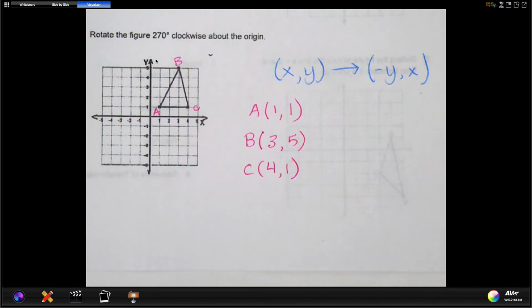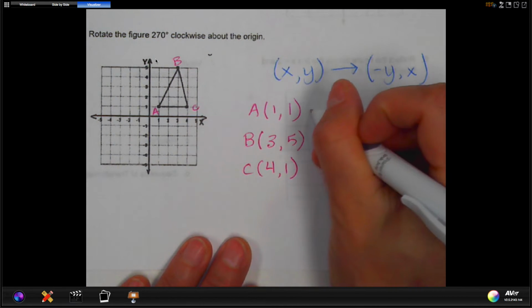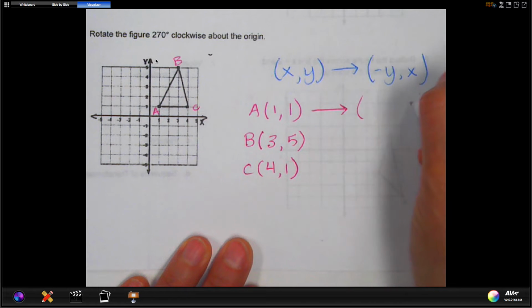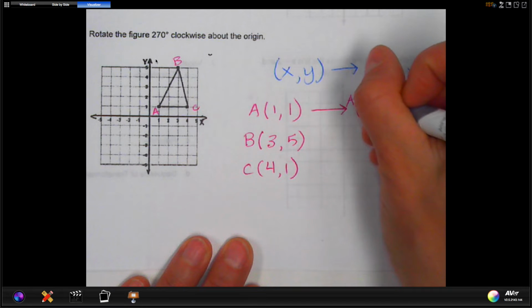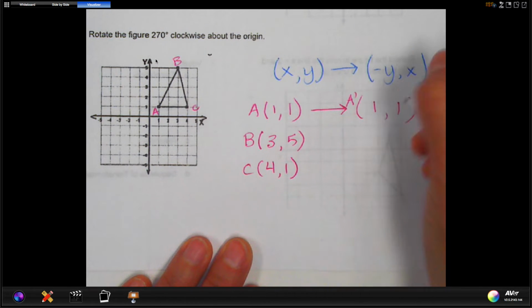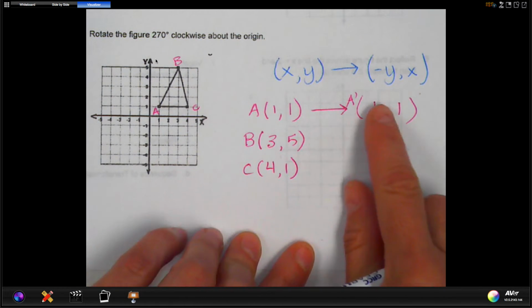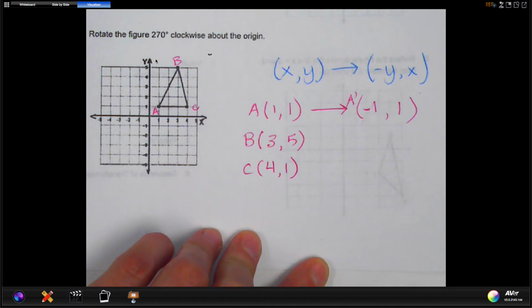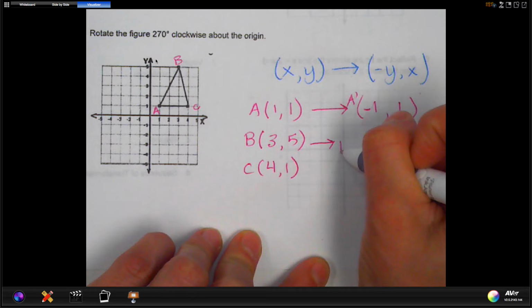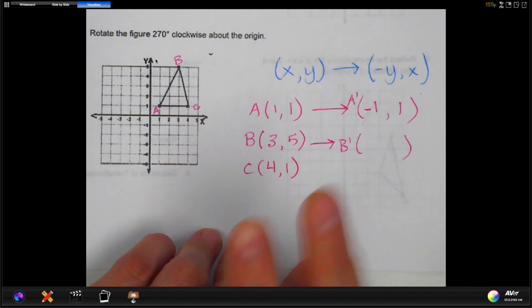Okay, so to perform our rotation, that means that we're going to switch these coordinates. In this case, A prime. Even if I switch them, it's still 1, 1, but my y coordinate is going to become negative. So that's negative 1, 1. Okay, let's go B prime. Again, I got to switch them around.